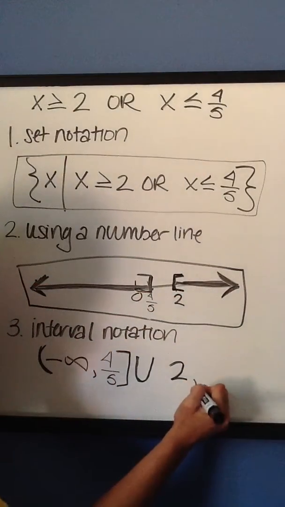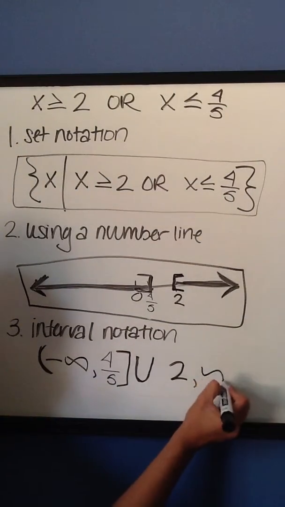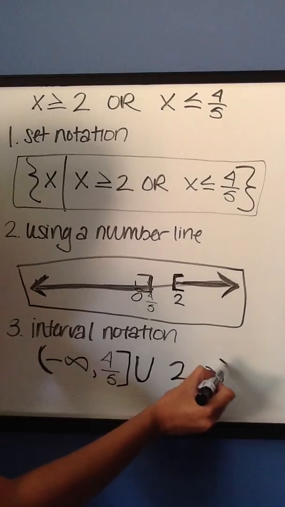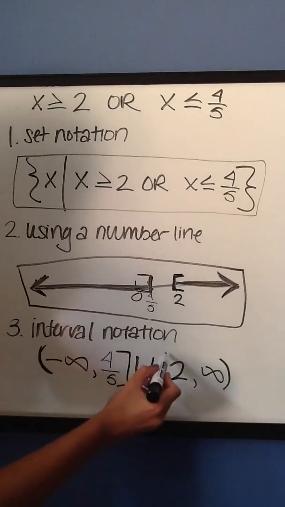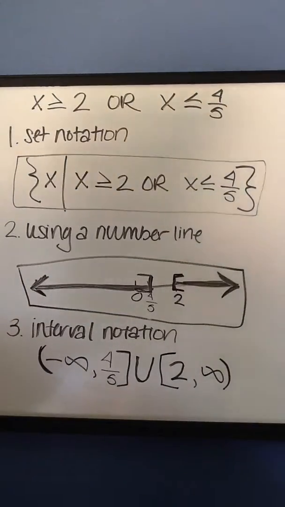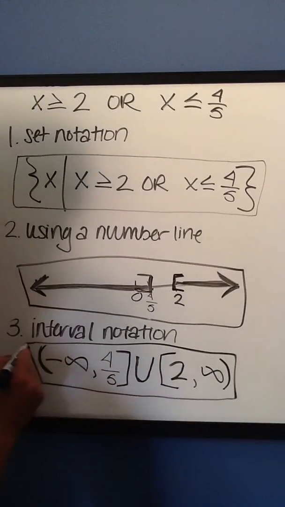So we're going to use a comma to separate our left and right endpoints, and we're going to write infinity. Again, we have an infinity, so we're going to use a parenthesis. And the 2, we use a bracket because we want to include the answer. So this right here is our interval notation set.